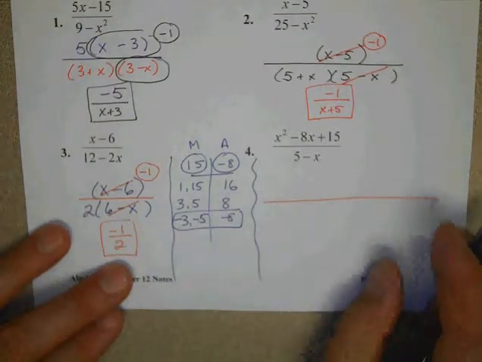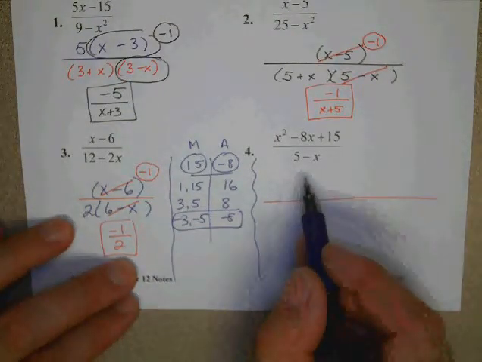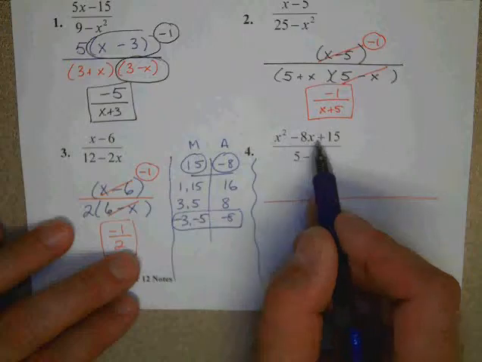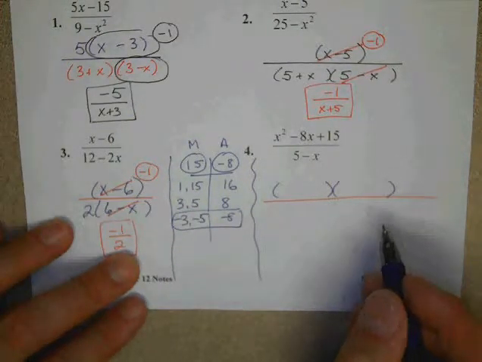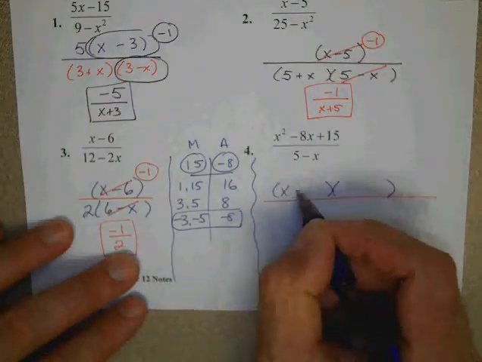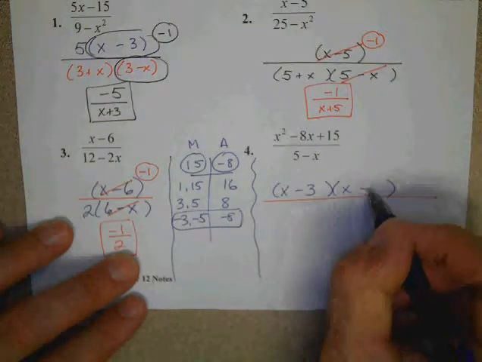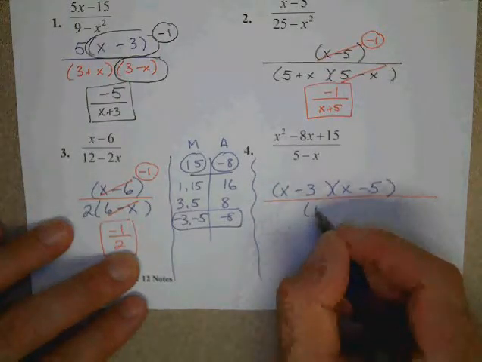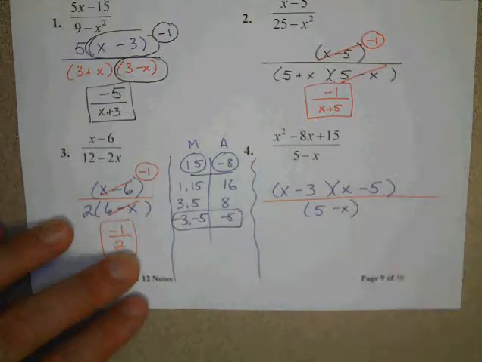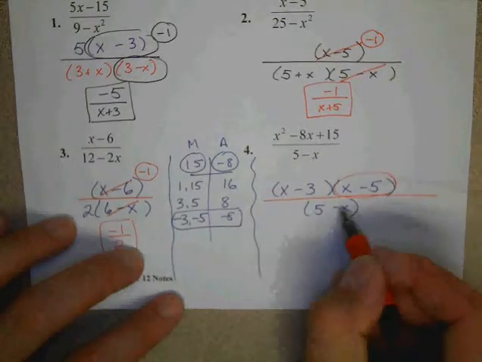Alright, in back, Jessica. What do we then factor? X squared minus 8x plus 15. Tell me my two factors that we get. Alright, that's x minus 3 and x minus 5. Now on the bottom, we still have that 5 minus x. Here we have our x minus 5 and our 5 minus x.